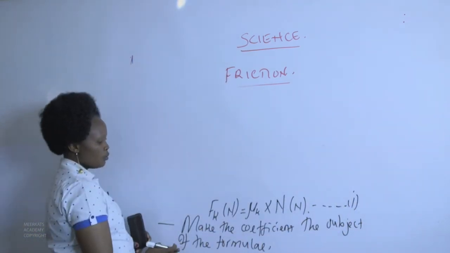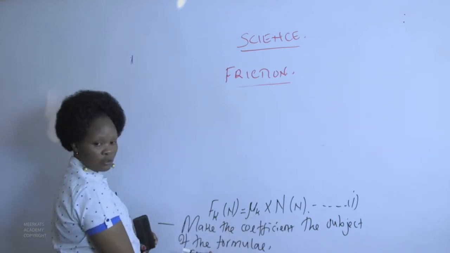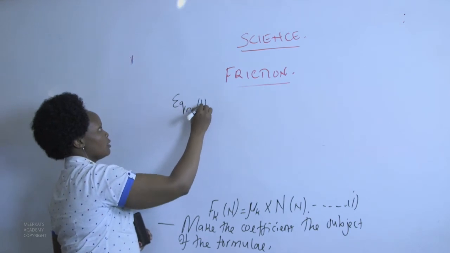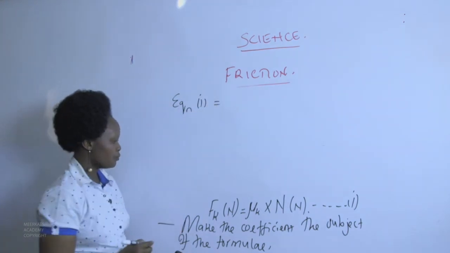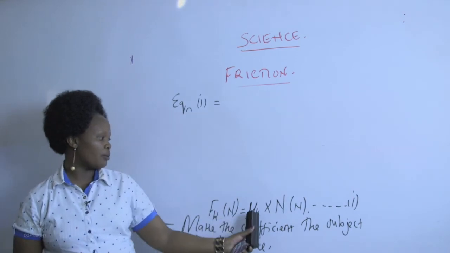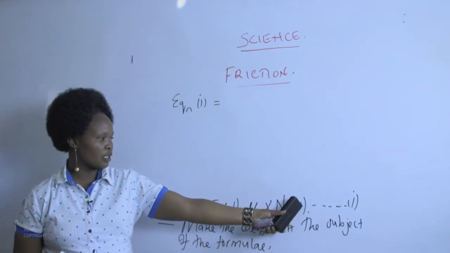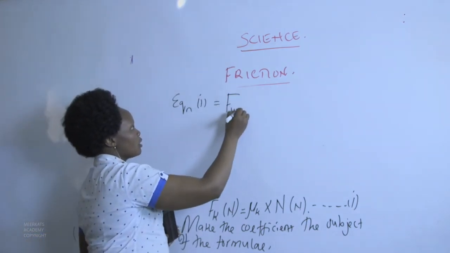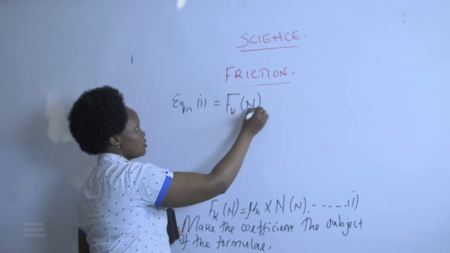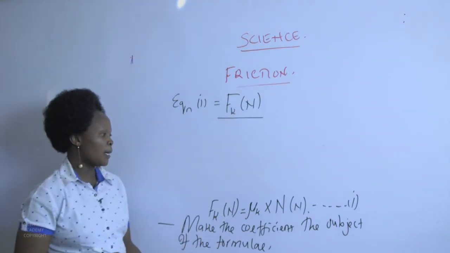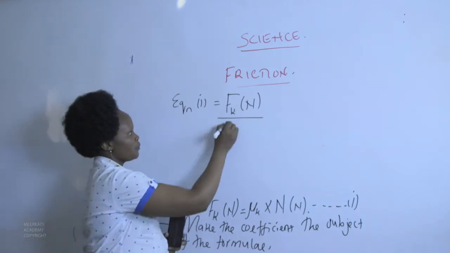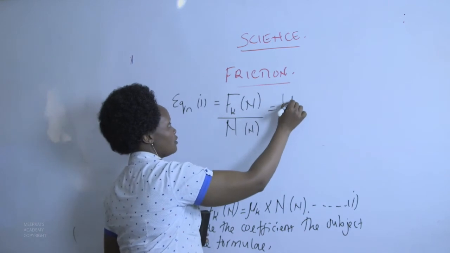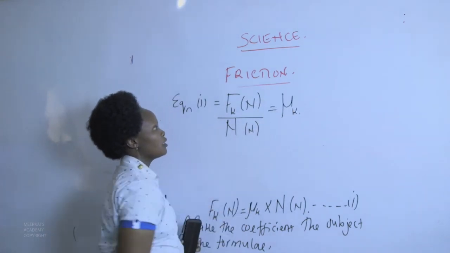If we make the coefficient the subject of the formula, equation 1 will become, by shifting the normal to the other side, kinetic friction in newtons divided by the normal, again in newtons, and that should give you the coefficient.